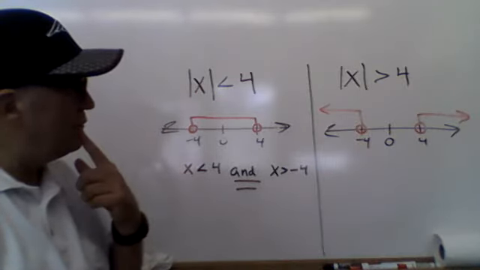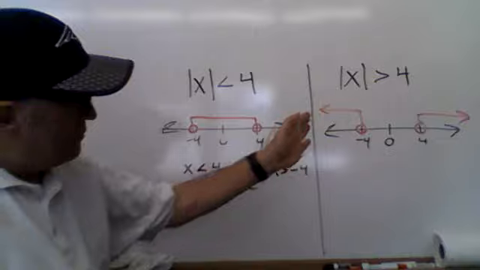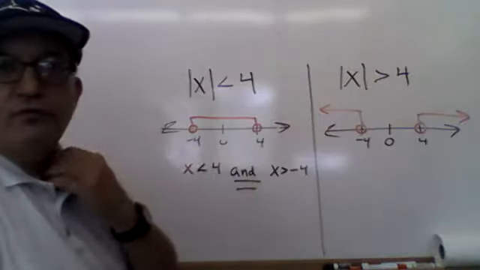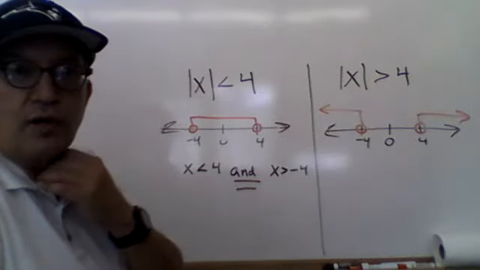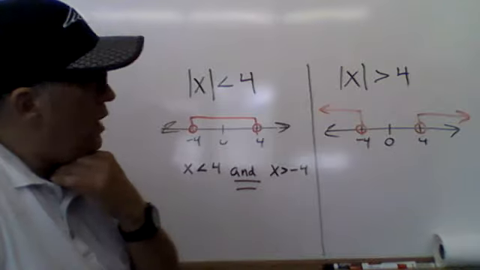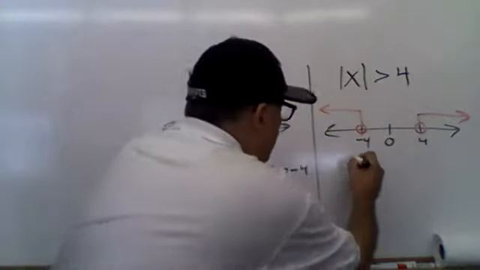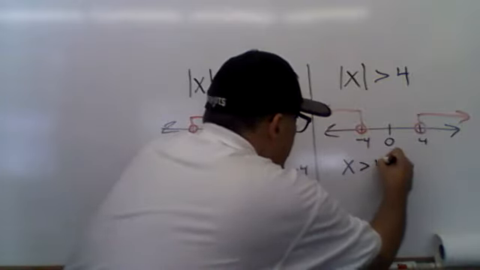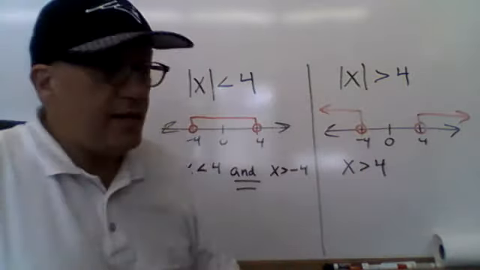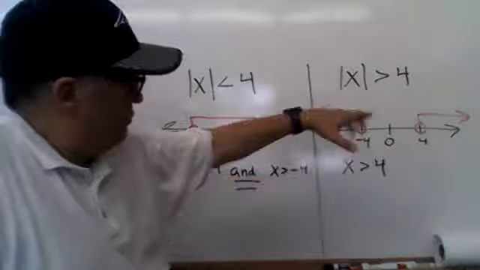Well, over here, all right? This graph solution, which is correct, it's a correct solution to the inequality. Well, this part over here says x is greater than 4, right? Any number that's greater than 4 will be a solution.